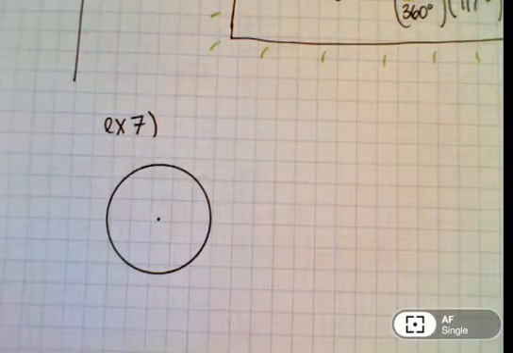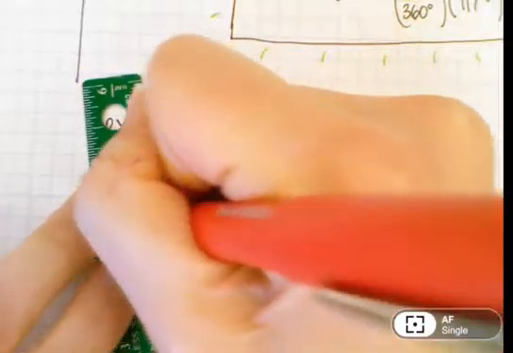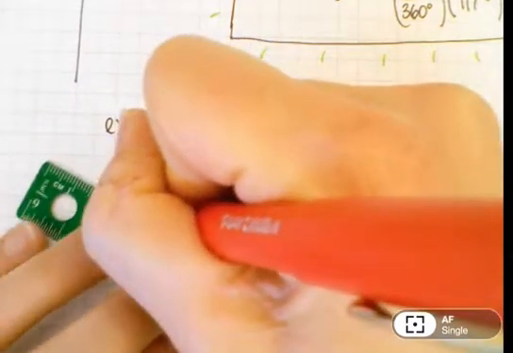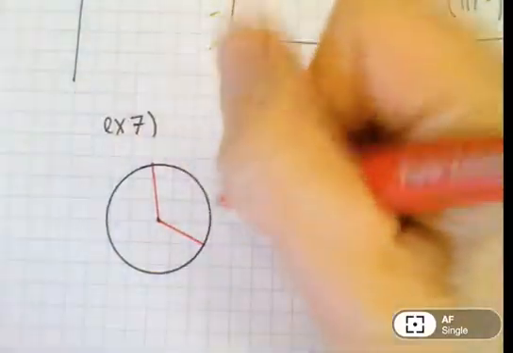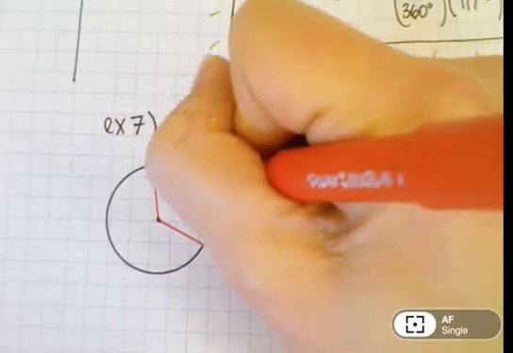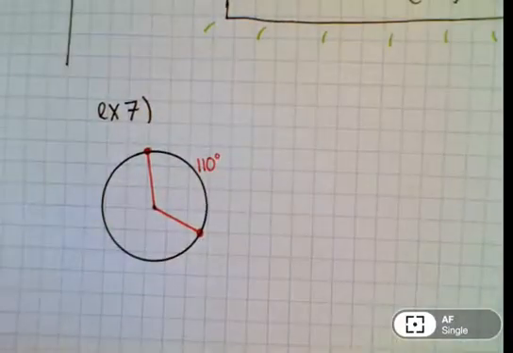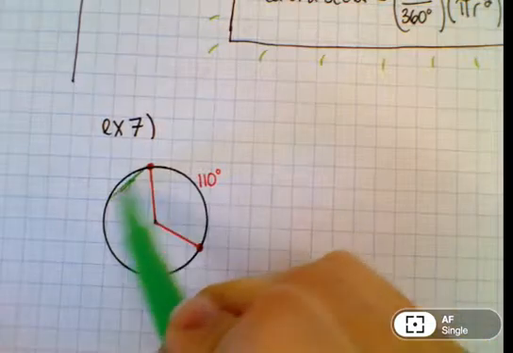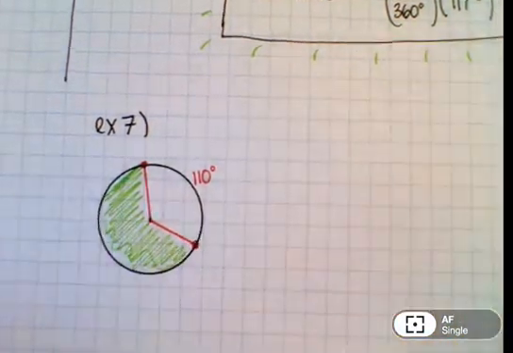And we'll draw in there, and there. And we'll say that this arc is 110 degrees. But here's the catch. For this one, I would like to know the area of that green sector.